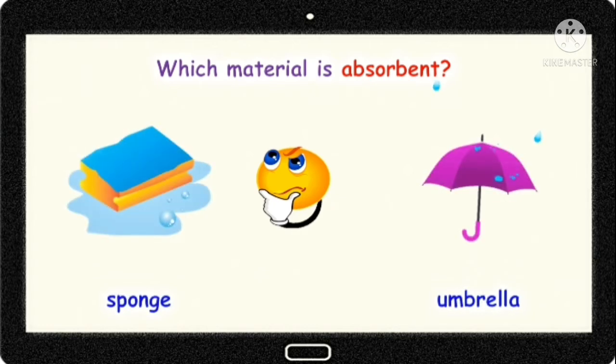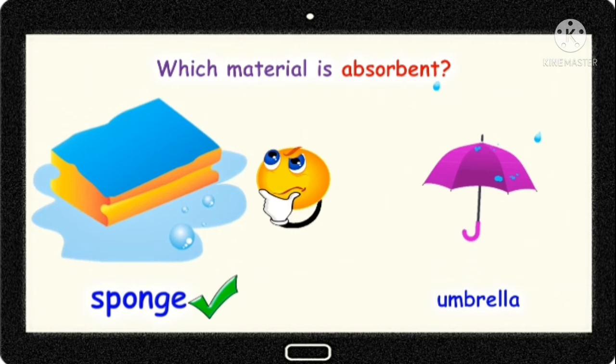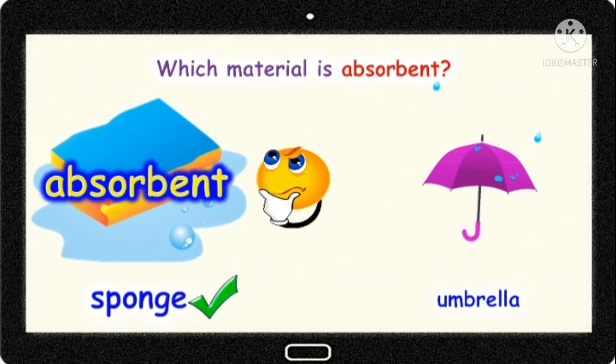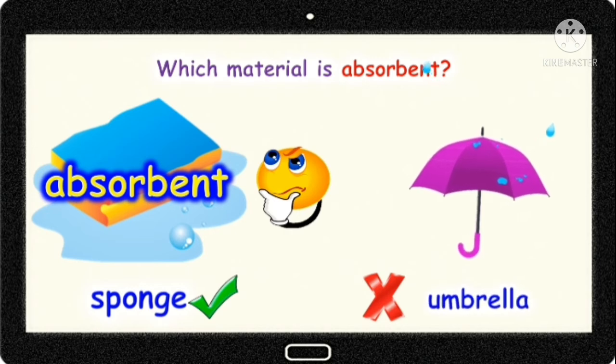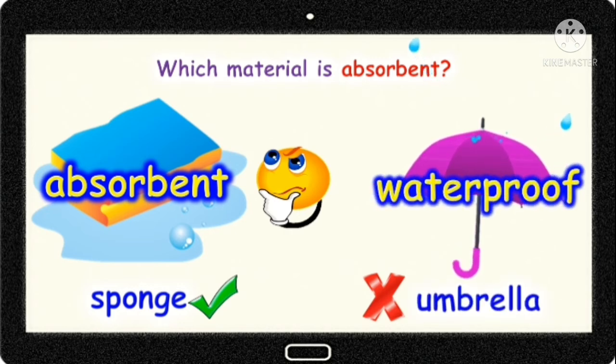Sponge or umbrella? The correct answer is sponge. Sponge is an absorbent material and an umbrella is a waterproof material.